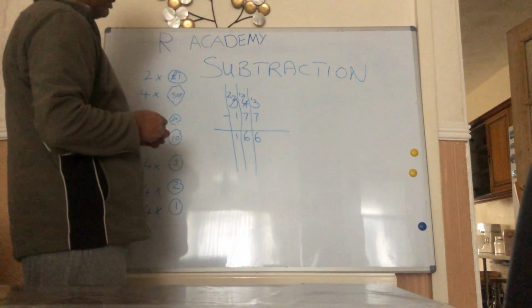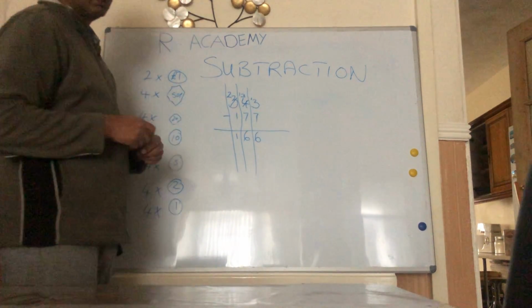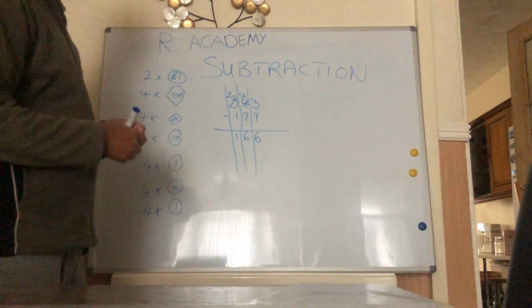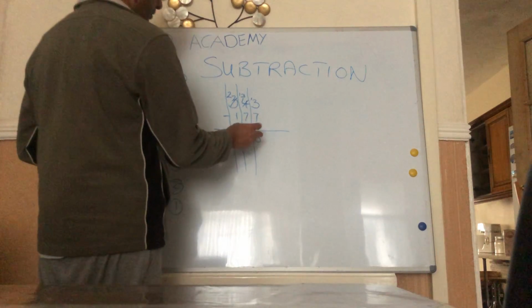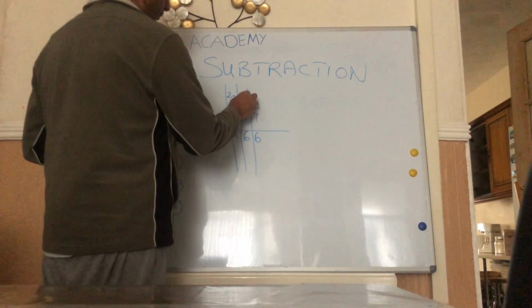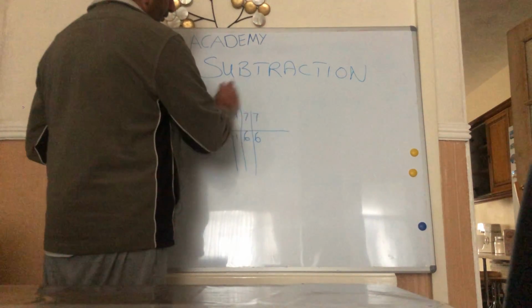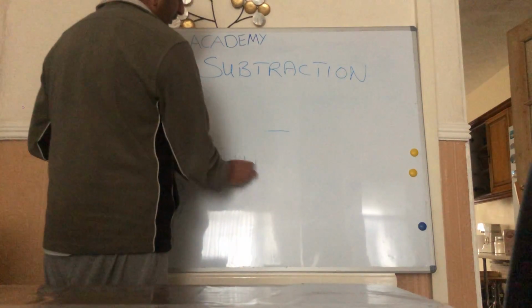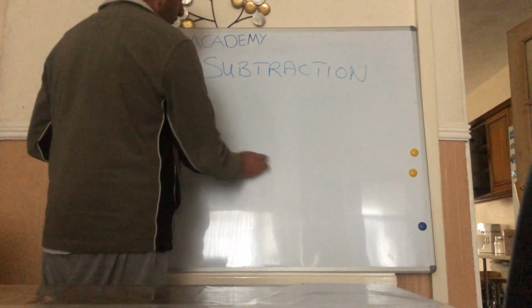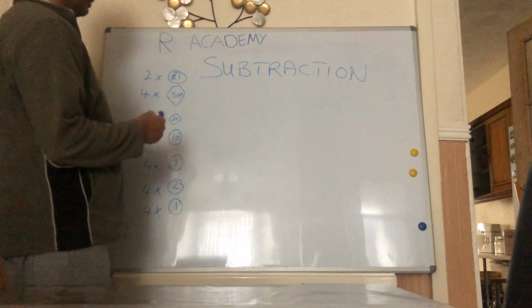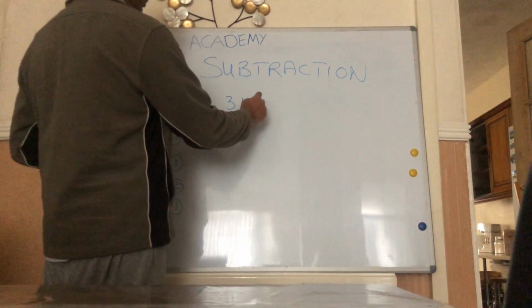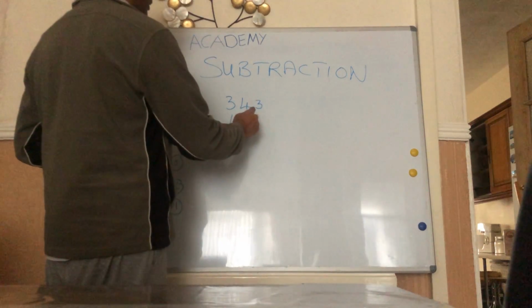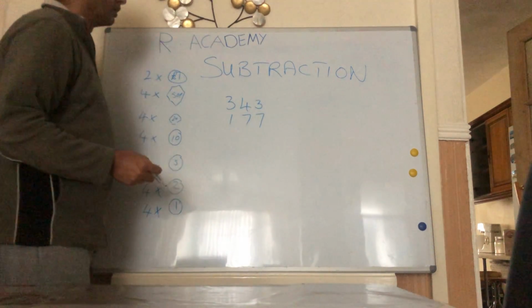That's one method, which is more modern. I wasn't taught that method. So we could have the same numbers, or similar numbers, 343 minus 177, I think it was.